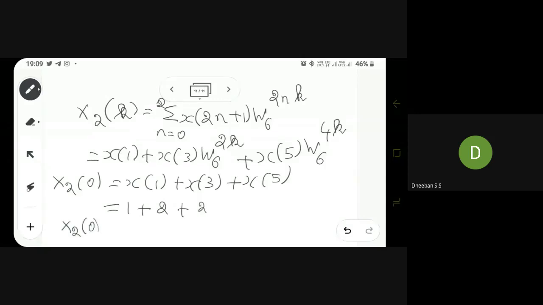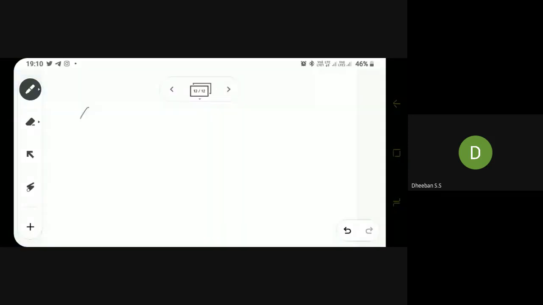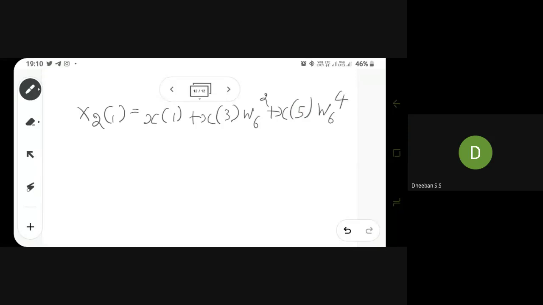Okay. Next, x2 of 1 will be equal to x of 1 plus x of 3 w6 of 2 plus x of 5 w6 of 4. So this will be equal to 1 plus, here 2 comes out because x of 3 is 2, into w6 of 2 value, so minus 0.5 minus j 0.866, plus 2 minus.